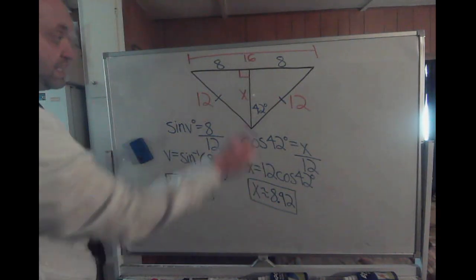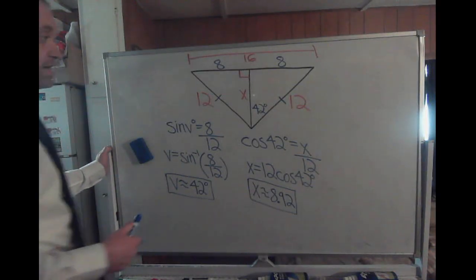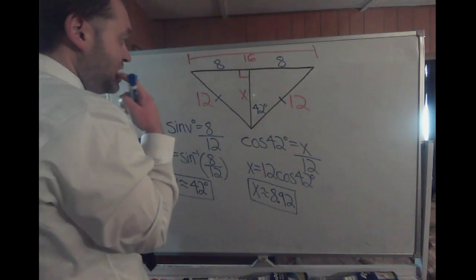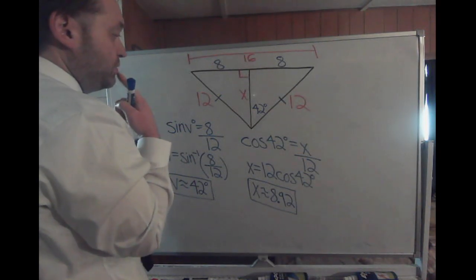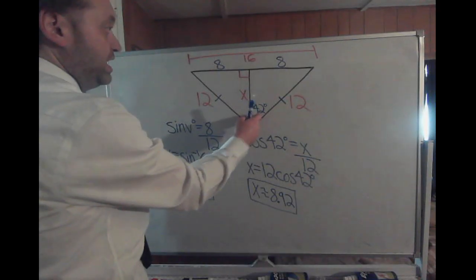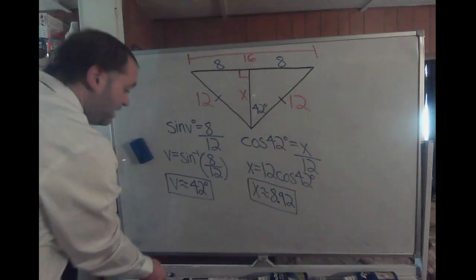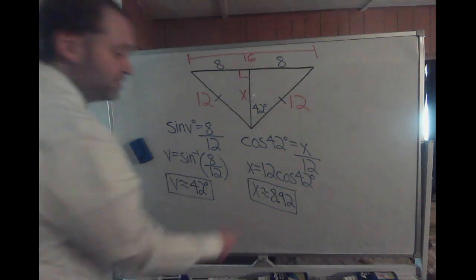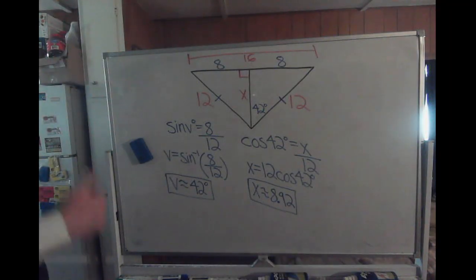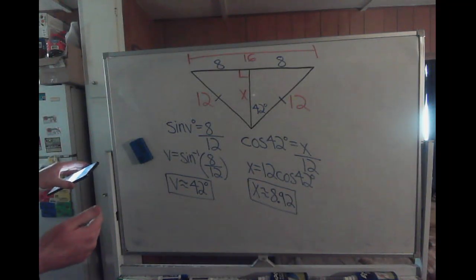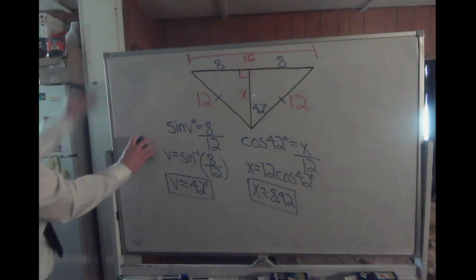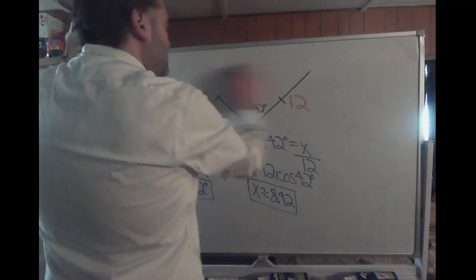We could also have gone the tangent route and said that you would have the tangent of 42 equal to 8 over x, and then done it that way. You should get a number in the ballpark of this for x. Probably not the exact same number, but it should at least be in the ballpark. So, your pick.